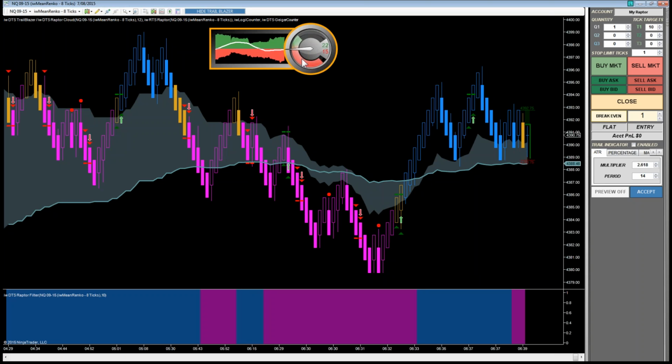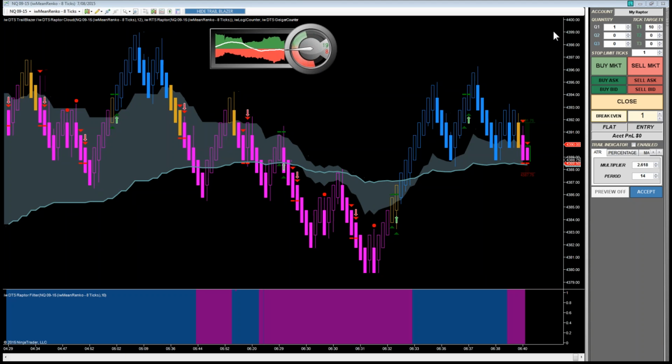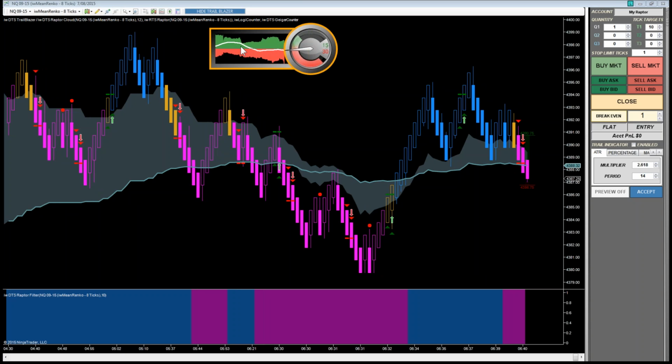This is actually an add-on, and let me get you the link where you can find more information about some of these things that you're going to see here this morning. So if you're interested in tools like the Geiger counter or the support and resistance lines that I'm going to show you in a moment, if you follow that link, that will get you to the page with more information.